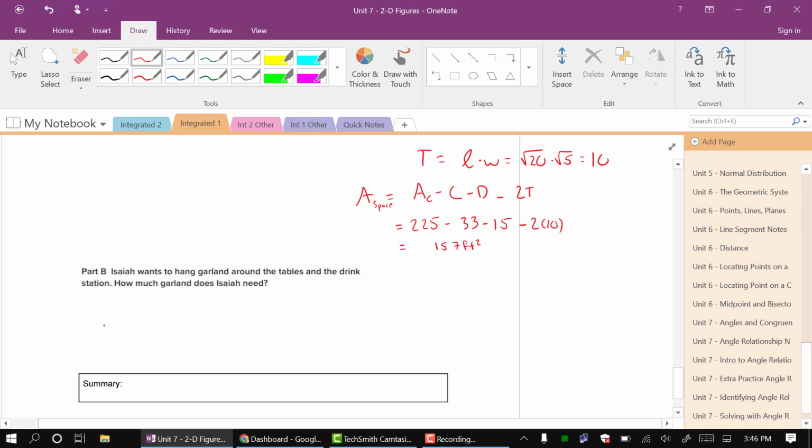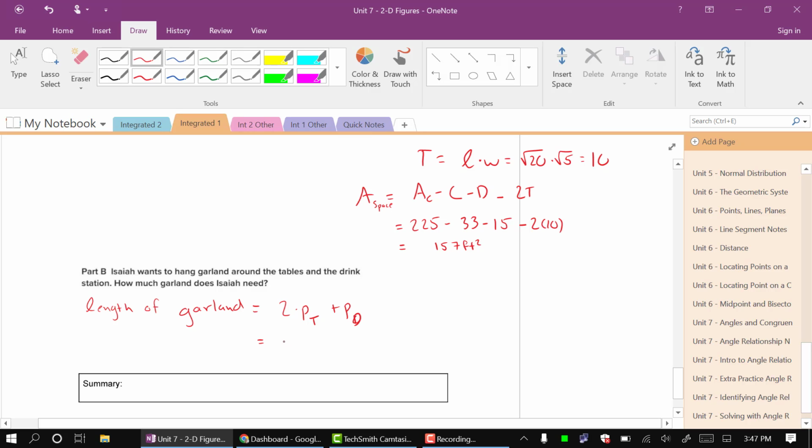So our garland: the length of the garland equals 2 times the perimeter of the table plus the perimeter of the drink station.